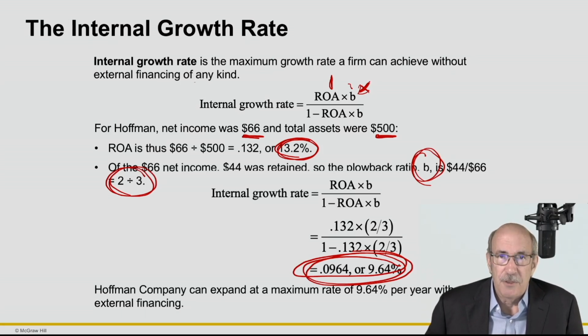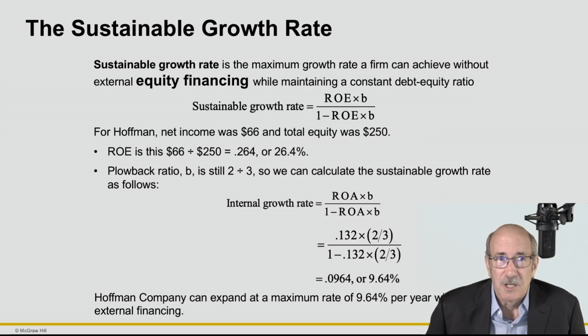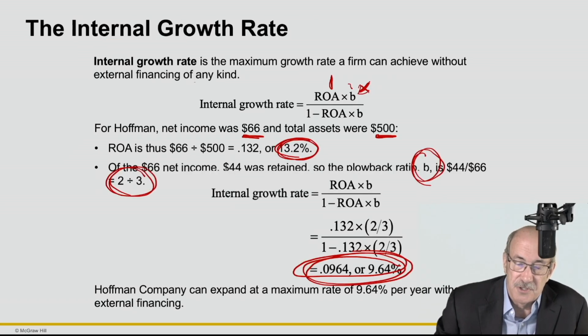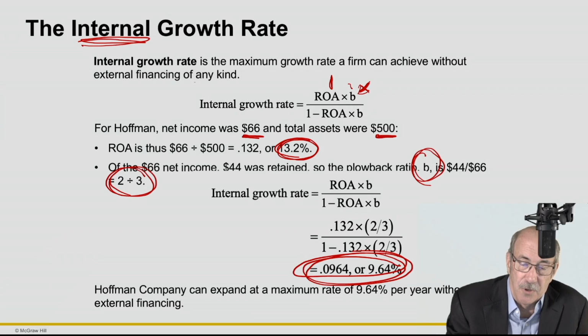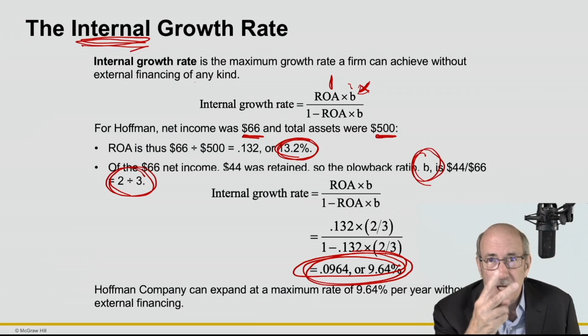There's one other direction we could go here, and that is, let's assume that we're not going to issue any additional equity, but let's assume that we could issue some additional debt. So that is called sustainable growth rate, right? This is just simply internal growth rate, and that is don't issue any debt or equity.